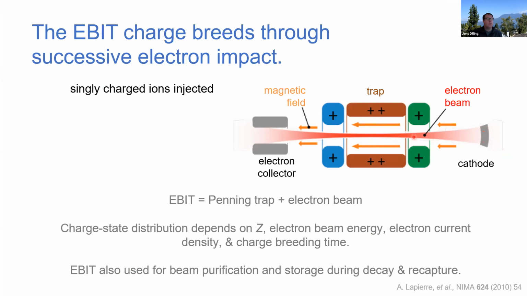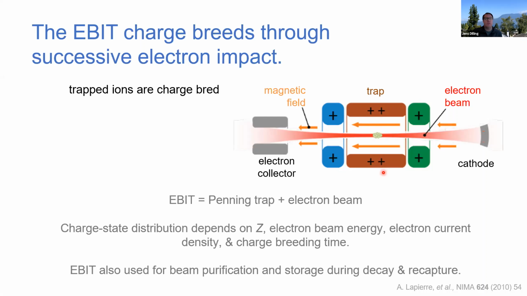So it's a continuous beam of electrons that go through this trapping environment. And now you start filling this trap with your singly charged ions. They come from the buncher, as a bunch, well-defined quantities in well-defined energy packets. They get trapped inside here and are exposed to this electron beam.